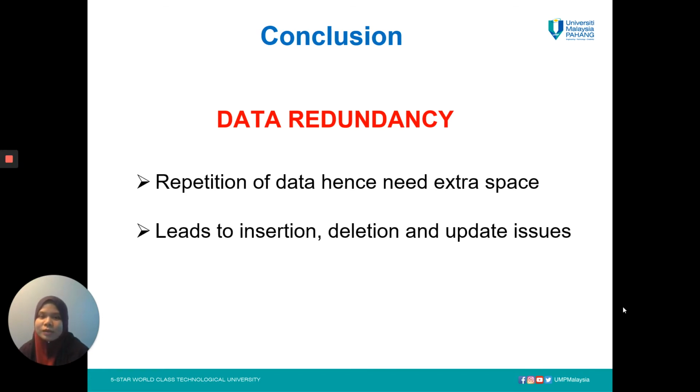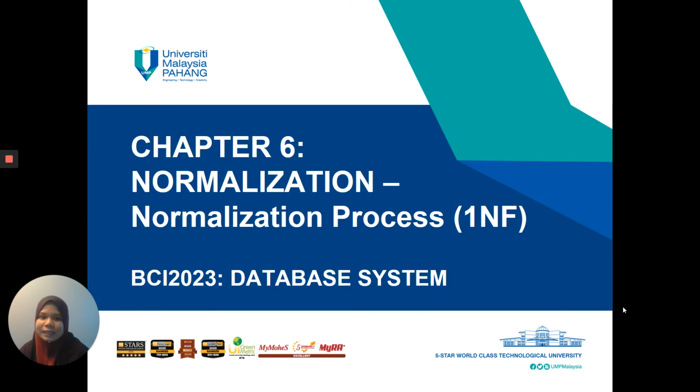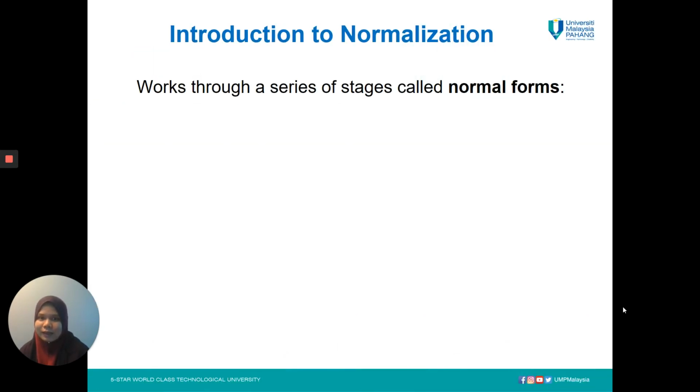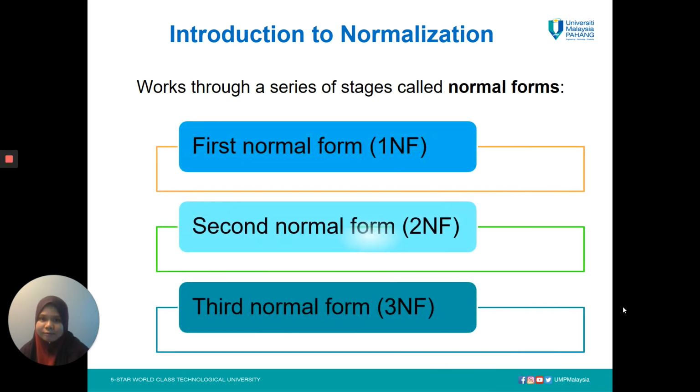Next we move to the first normal form in the normalization process. This is a very important part. In normal forms, we have three levels: first normal form, second normal form, and third normal form. In this video, I will focus more on the first normal form.